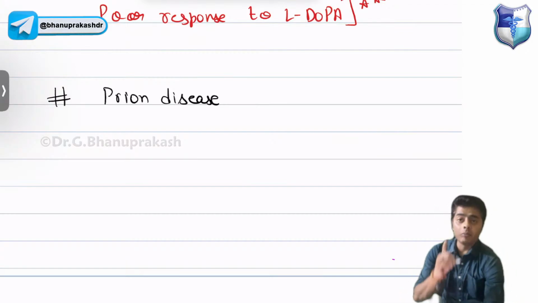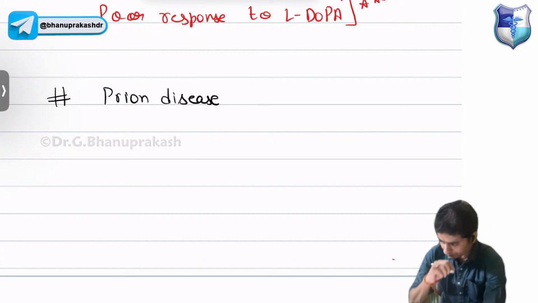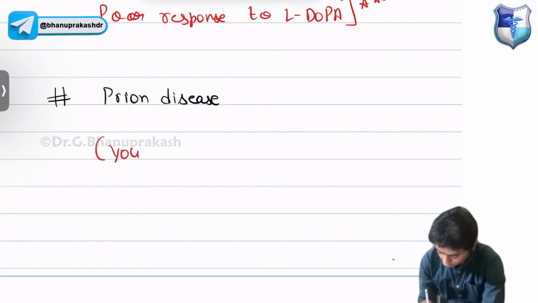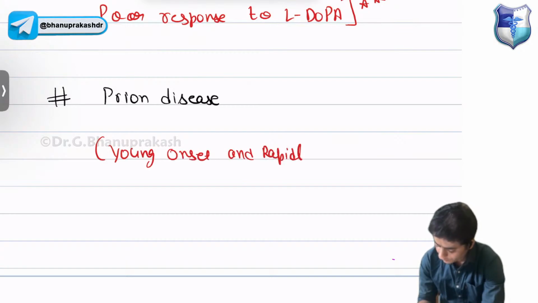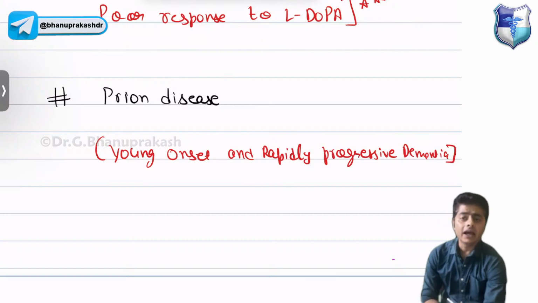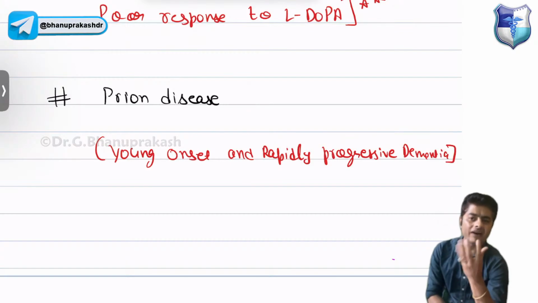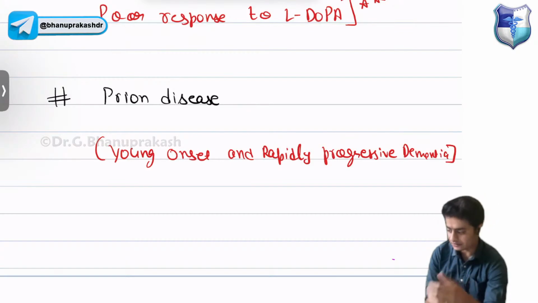So prion disease, the most important thing, it is a young onset and rapidly progressive dementia. Rapidly progressive dementia. And prions are slow viruses. These are slow viruses.